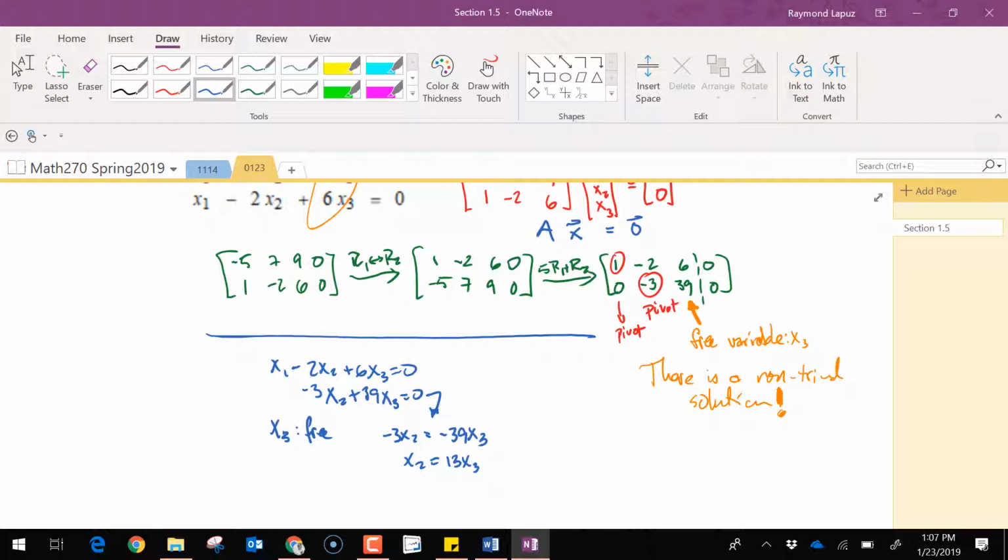If you didn't have it in row echelon form with the zeros on the left side, you could have made 39 equal to 0 or something weird like that, and then maybe you could have let one of those other ones be a free variable. But in general, because we're doing the row echelon form, you're going to start looking for free variables on the right side first. So x3 first, and then if x2 happens to be free, then you'll also deal with that free variable.